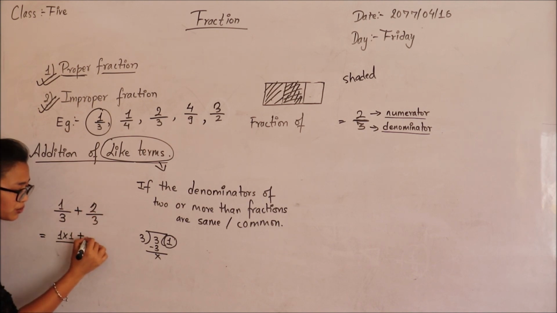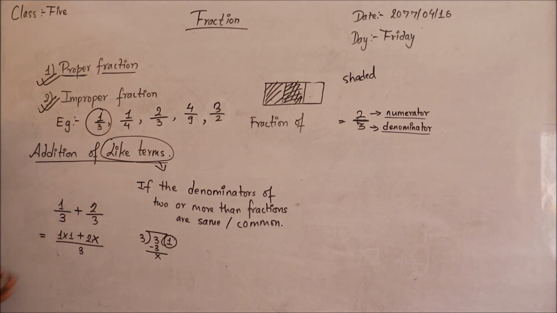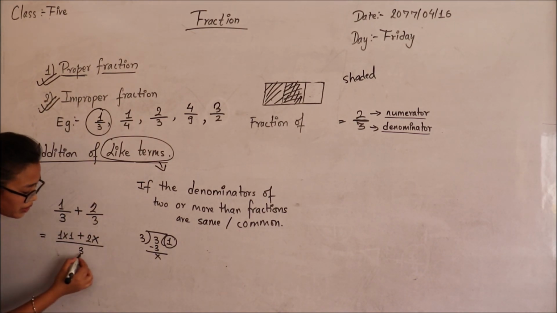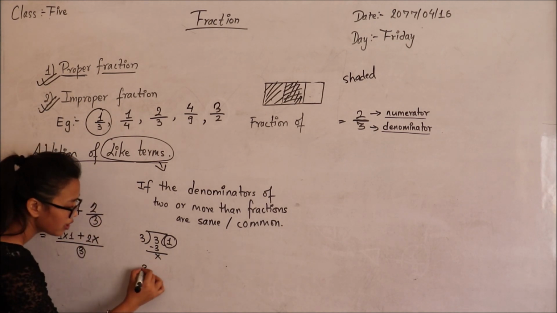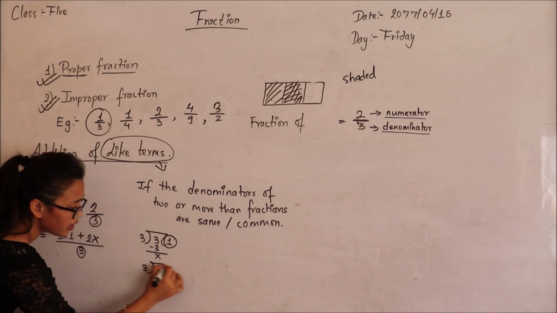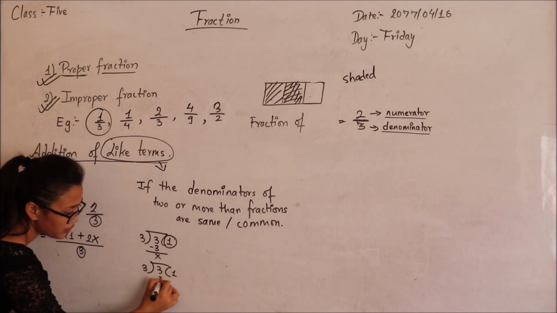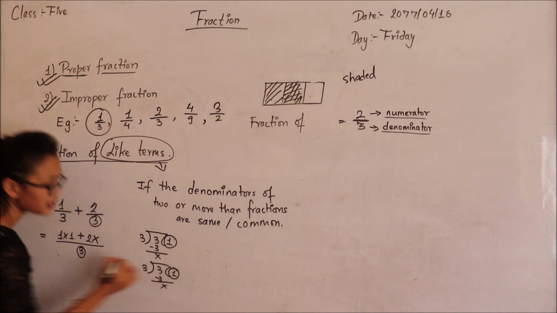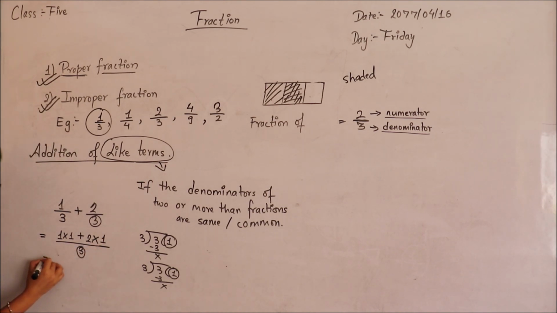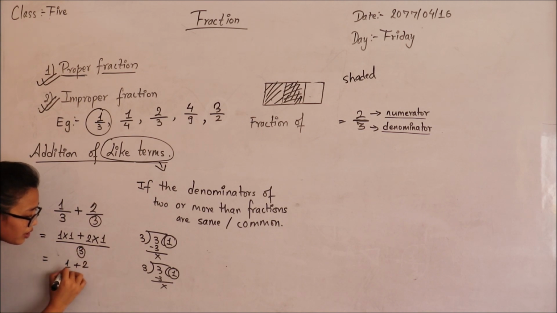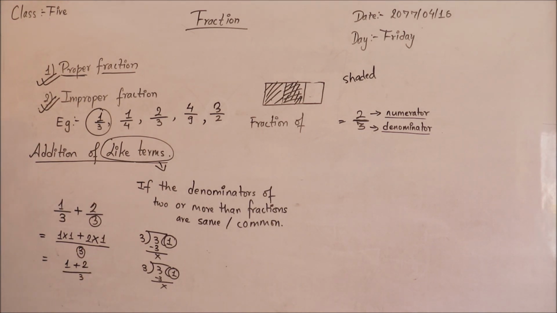Plus 2, this 2 into. Now again we divide this 3 out of 3. Same, 3 ones are 3, so we write this 1 over here. Now 1 ones are 1 plus 2 ones are 2 divided by 3.